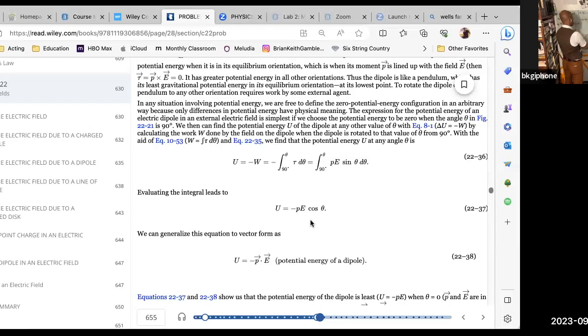The potential energy at pi over 2 is not 0. I've got more potential out there than I do at theta.